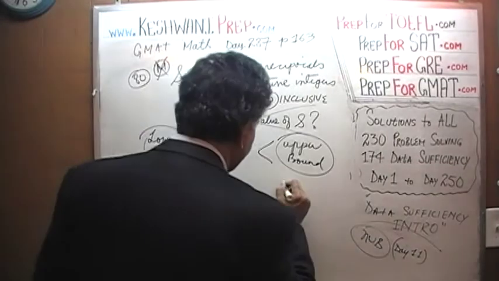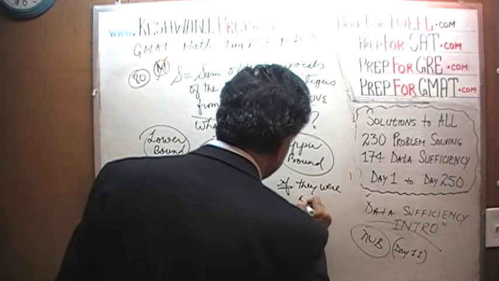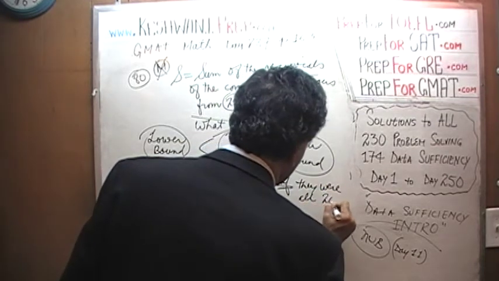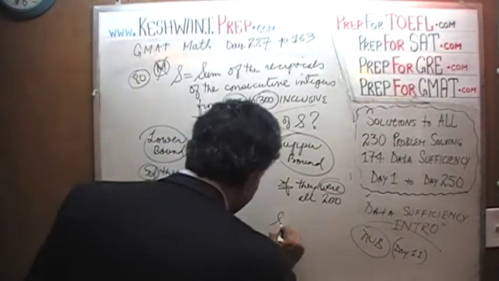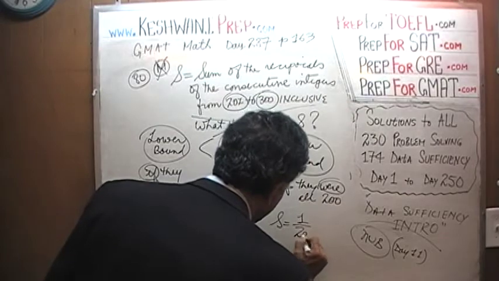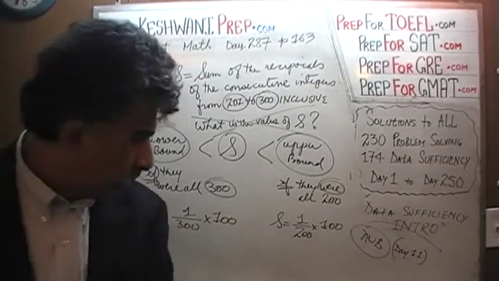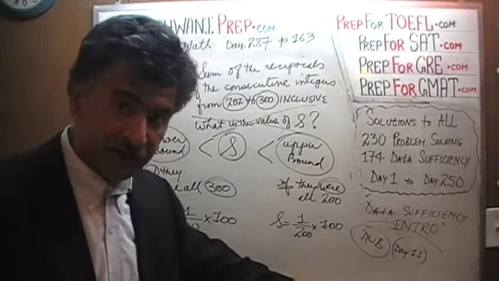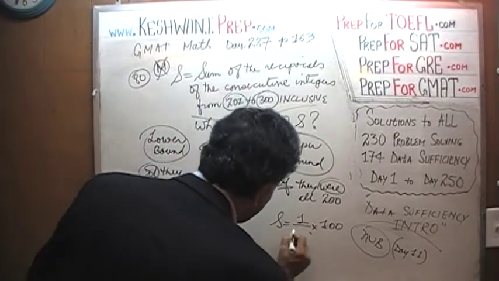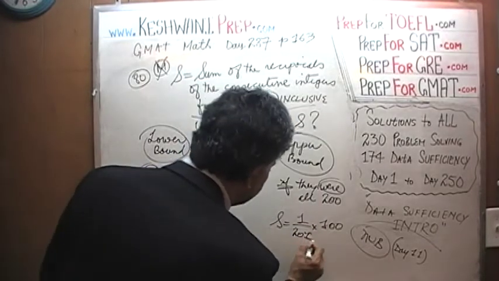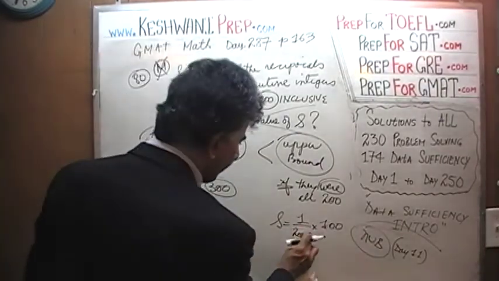Similarly, if they were all 200, again hypothetically, the sum would have been 1 over 200 times 100. Or to be more precise, if you want to be pedantic, it would have been 1 over 201, because we start with 201, but let's just pretend it's 200.